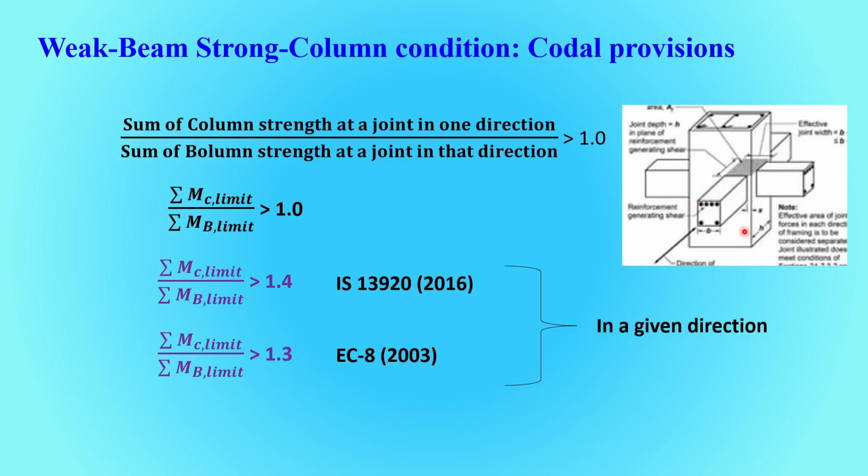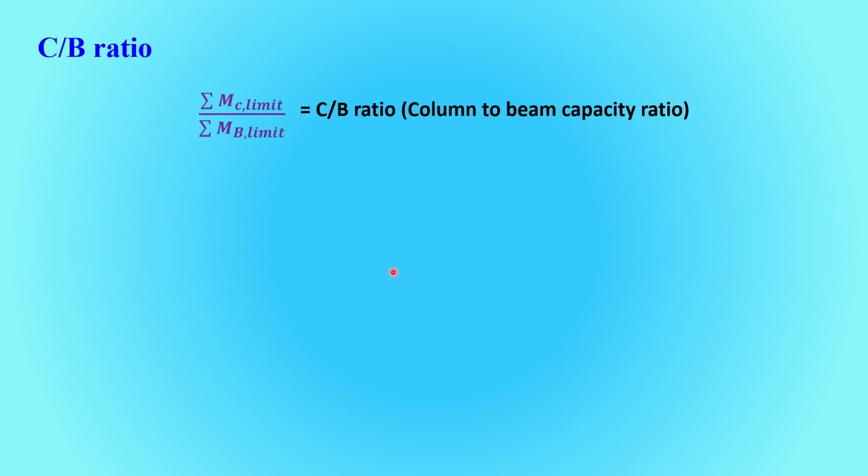And when you apply this condition given by the code, you have to consider direction by direction. For this direction, the beams and the strength of the column in that direction of bending. So this ratio that we have discussed, the summation of column moment to the summation of beam moment in the limiting condition, is also known as the column to beam capacity ratio, given by the C by B ratio.